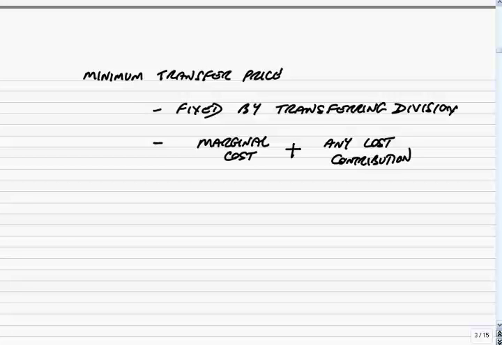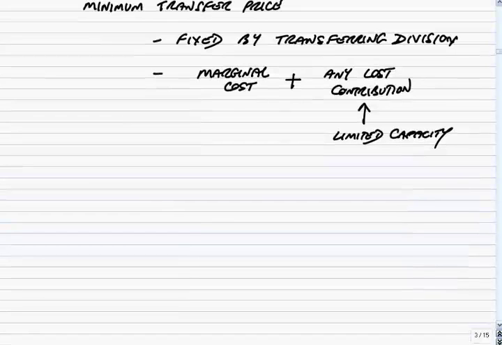And the word you're looking for, the time when there's likely to be a lost contribution, is where there is limited capacity. If you look back at example 6, in example 6, we had limited production capacity. It all could be sold outside, and therefore selling any to the other division would mean we were going to lose contribution. That's the rule for the minimum.